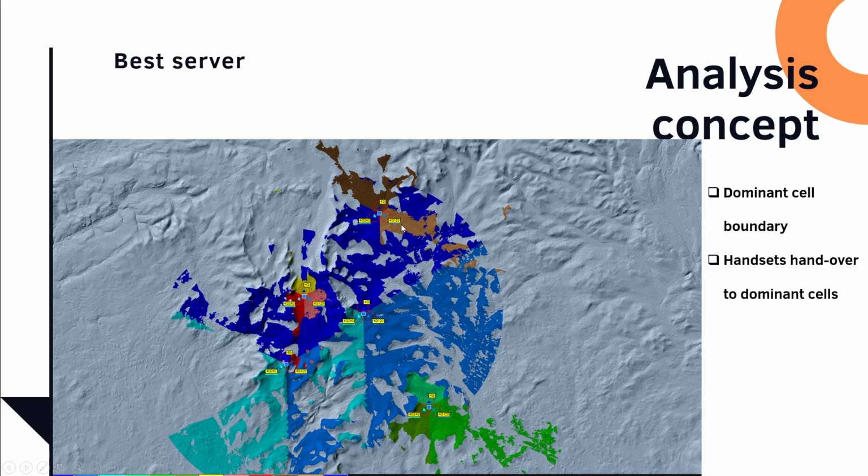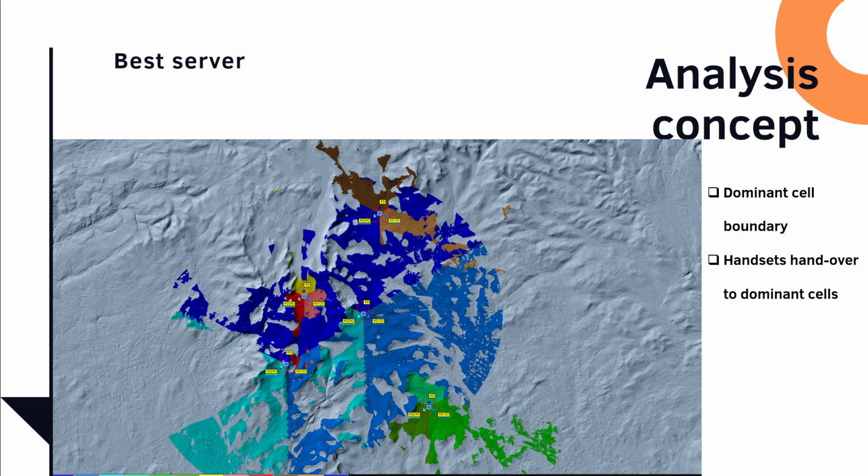The light brown is here on the opposite side. So if someone's connected to that cell, very likely they are in that area. So this is showing which server or which cell is dominant in a particular area.